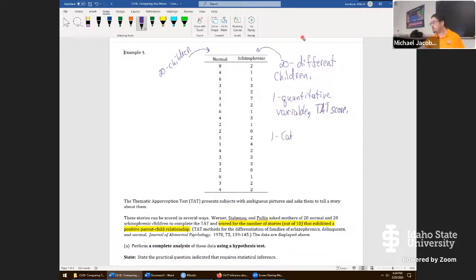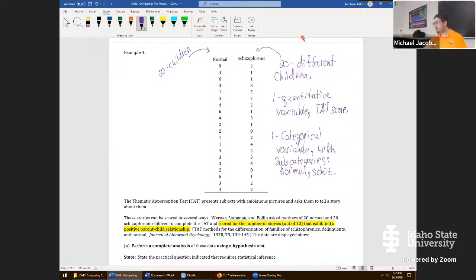There is also one categorical variable with subcategories: normal, and I'll just abbreviate the other one to skits.